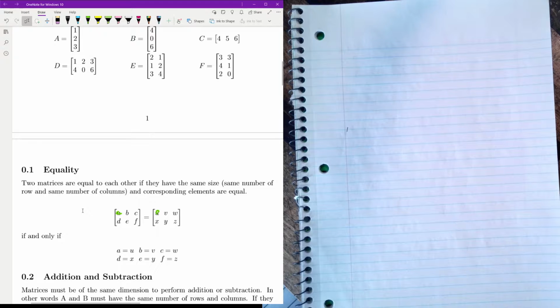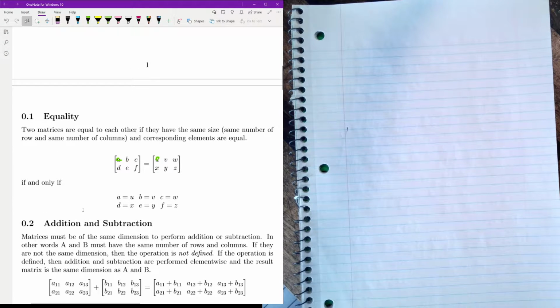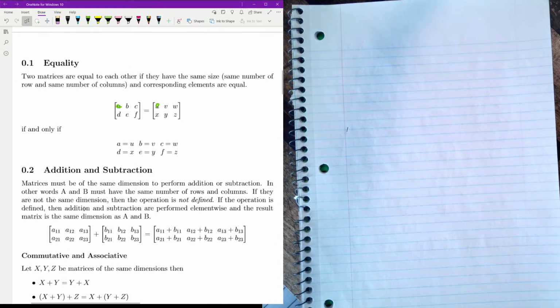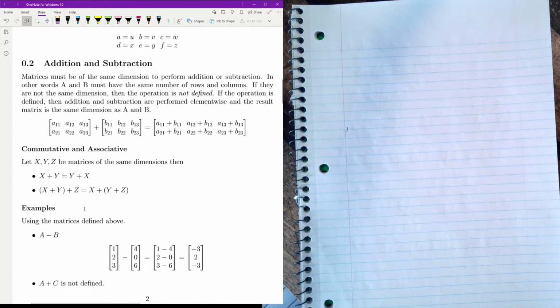Now we're going to talk about addition and subtraction of matrices. Two matrices can be added and subtracted from each other. In order to do this operation, they have to have the same dimension, the same size. If they do not have the same size, you cannot add or subtract them; the operation is not defined.